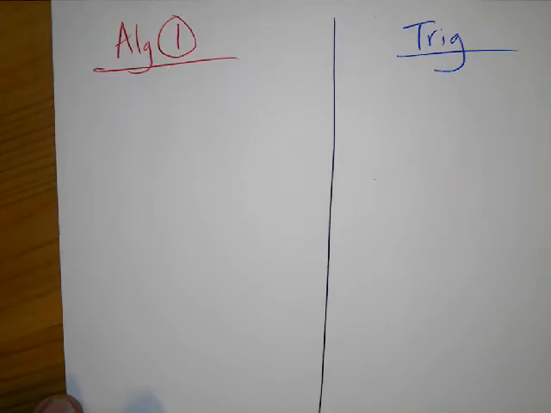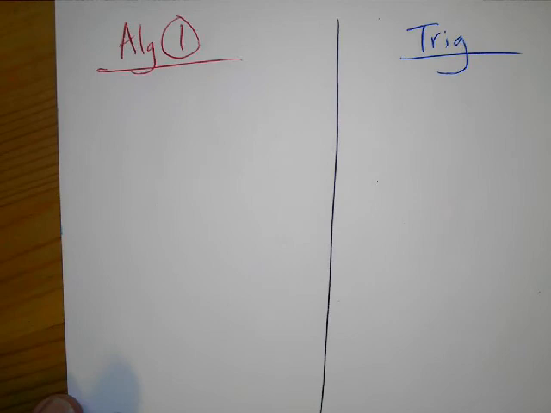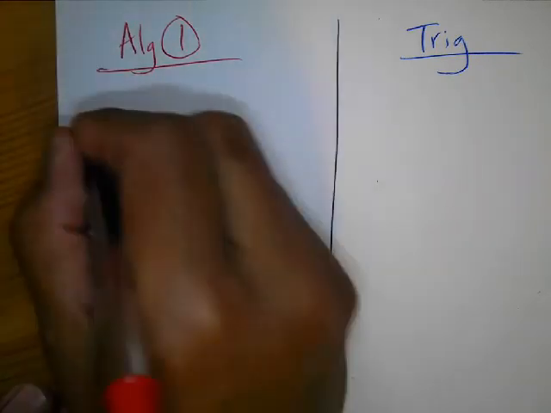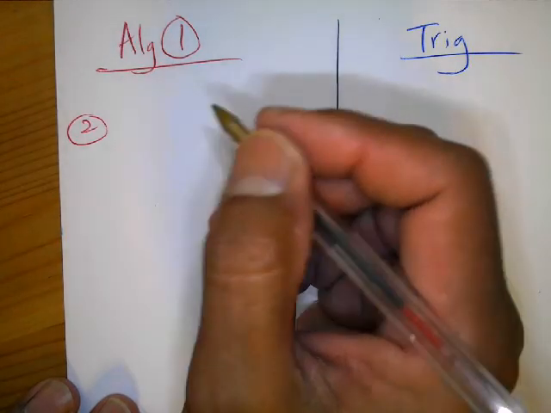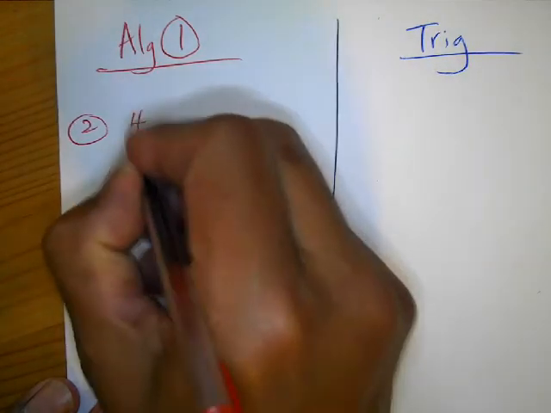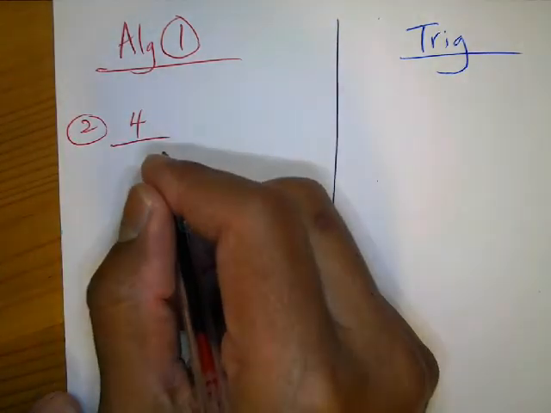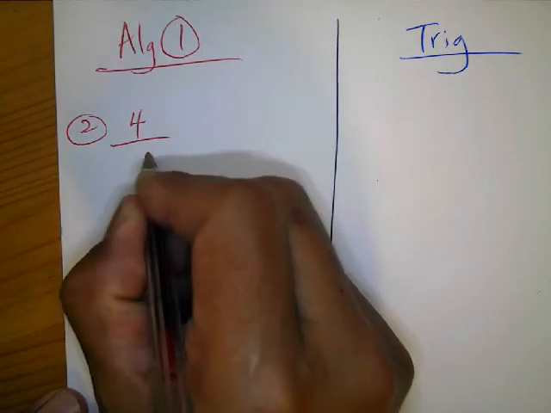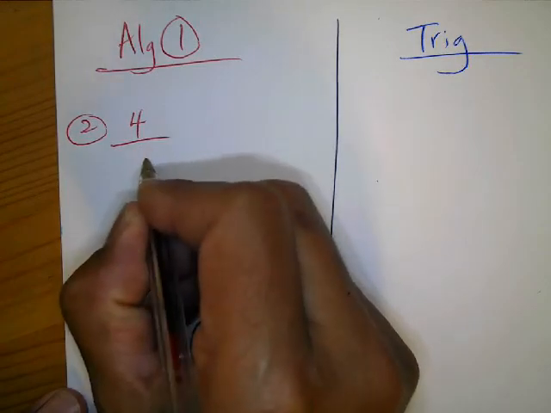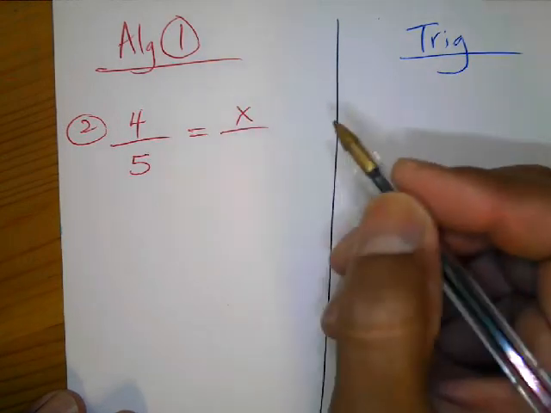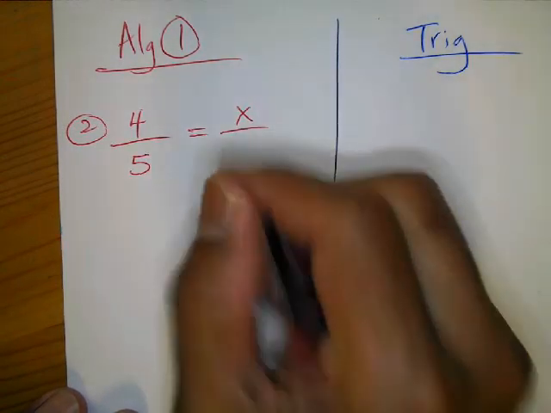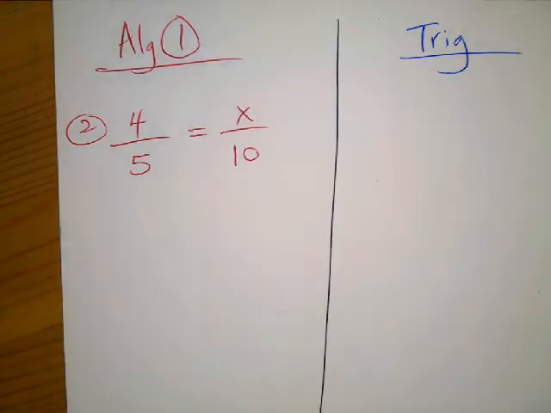Okay, so for today, for this new stuff, I'll put this one problem number 2, right? Problem number 2 would be something like 4 over 5 is equal to x over 10, something like this, yeah?